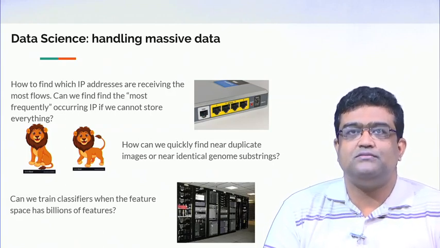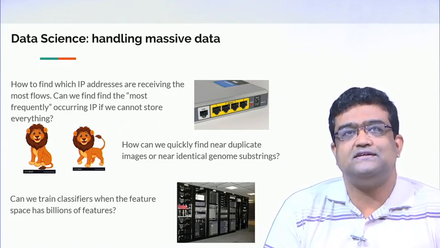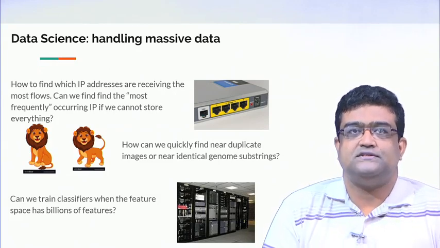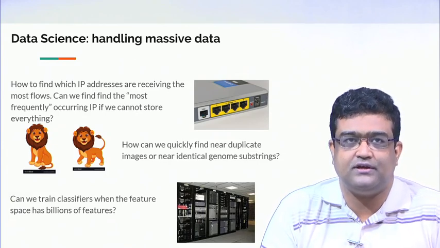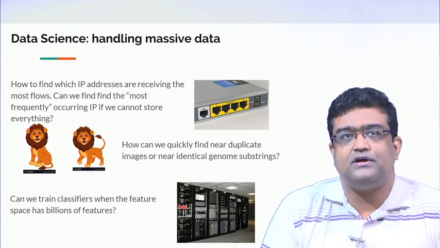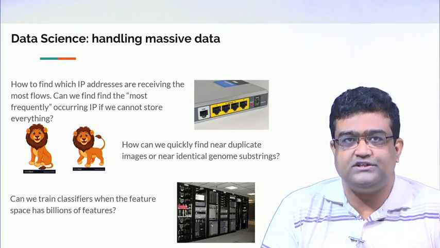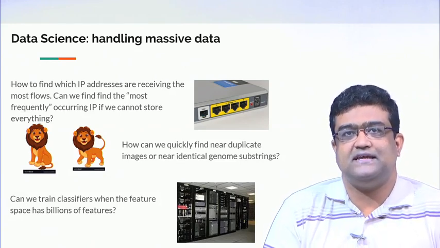The first problem, consider a switch through which IP addresses are passing. Generally, switches have a very low amount of memory. However, now consider the problem where we wish to find the most frequently occurring IP address in the stream.